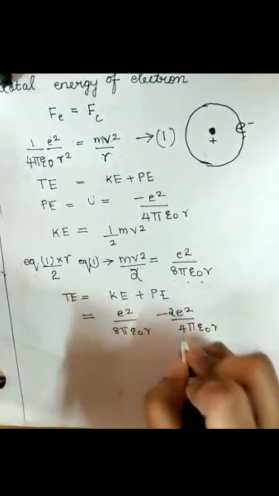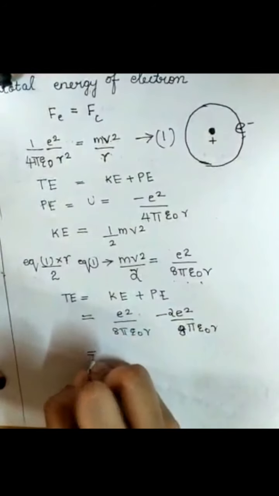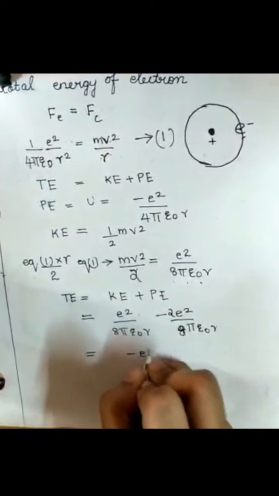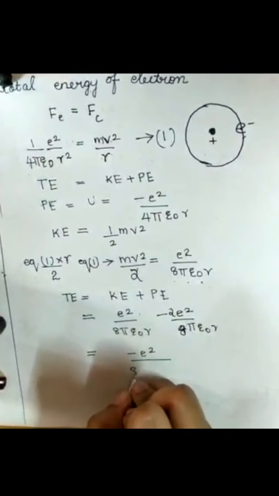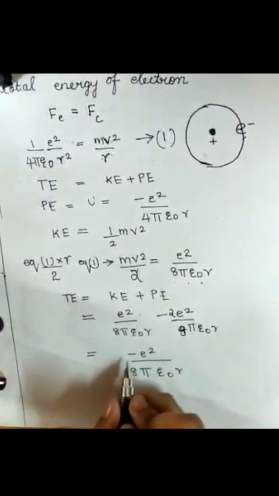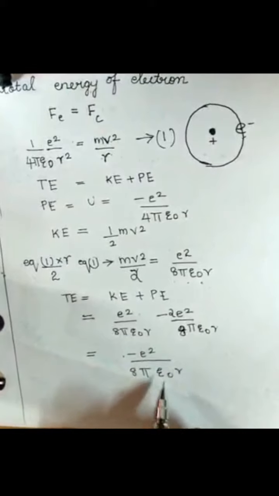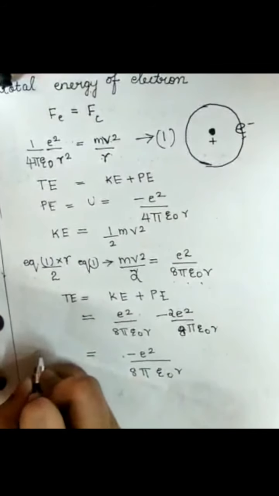So we will make the denominators same, then we will add. That is equal to minus e square by 8 pi epsilon 0 r.